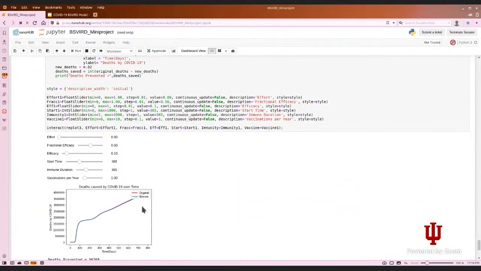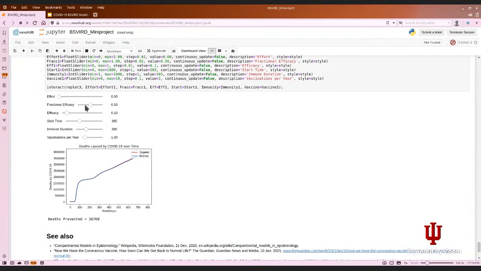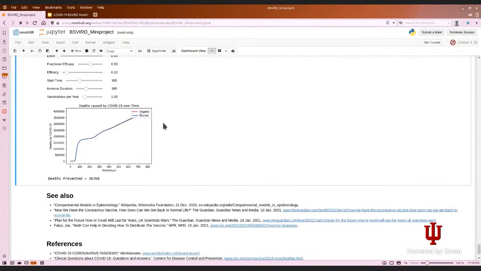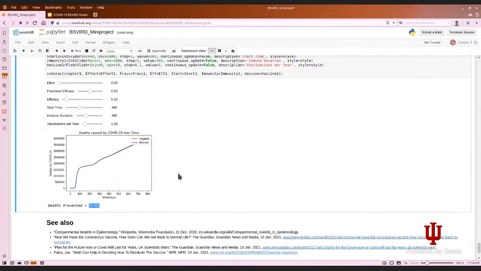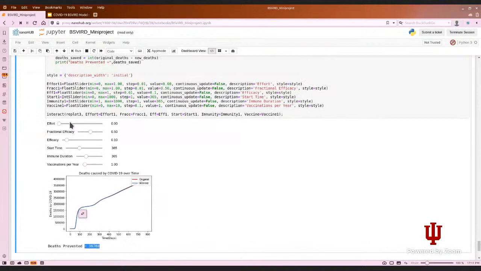There we go. So now you've got a fractional efficacy of like 50% that the vaccine works with just one dose. But I guess the conclusion of that question would be no, because you end up with lower deaths prevented with the same numbers. You can change how much the first dose works, and again, how the vaccine works in general and when it starts.